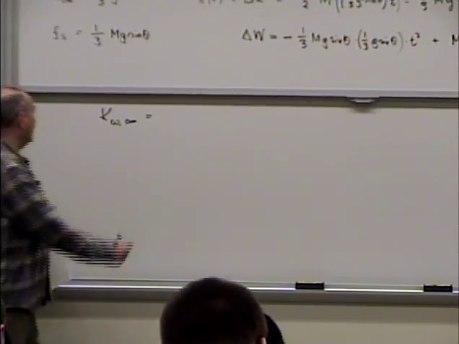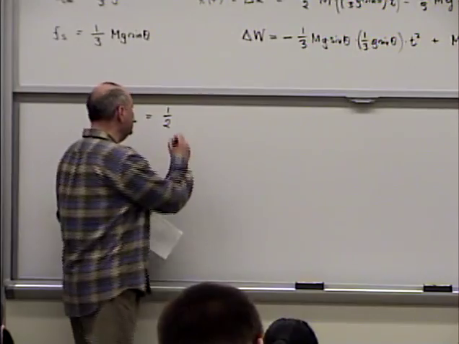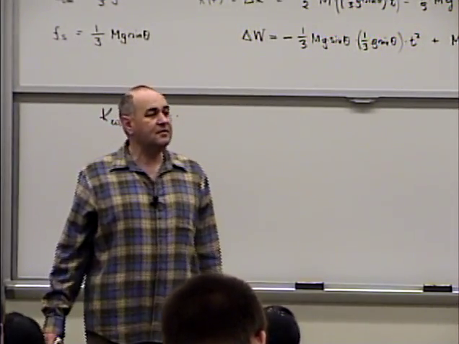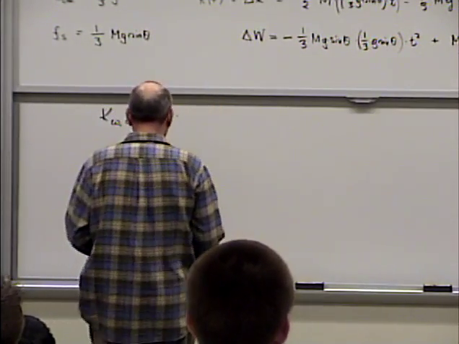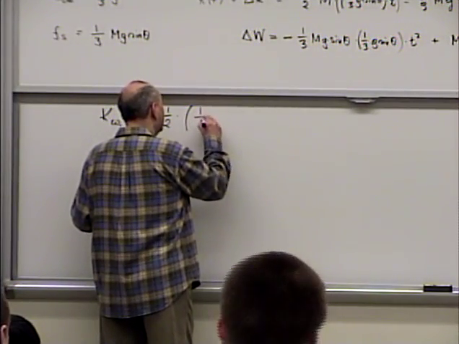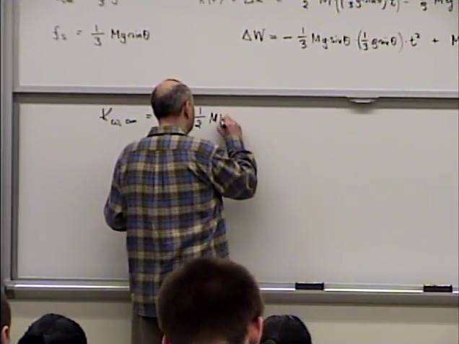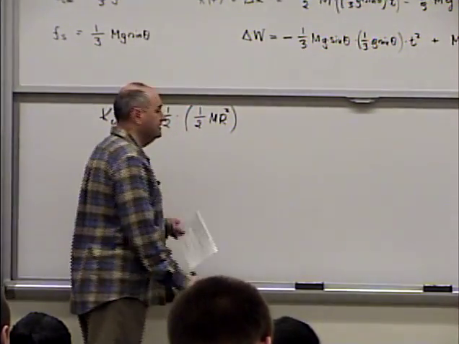So I have to take 1/2. Now, the moment of inertia of the disk about that axis, the axis passing through the center of mass, is 1/2 the mass of the disk times the square of the radius.